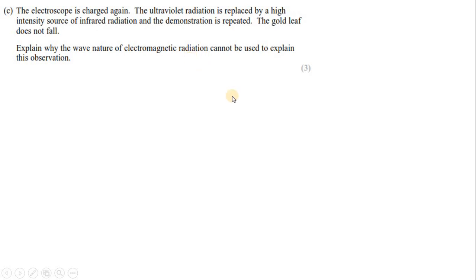So the theory suggests that if you increase the intensity, this is as per wave theory, because the energy of a wave depends on the intensity of the wave. So if you increase the intensity, the energy should increase. This is the wave theory.